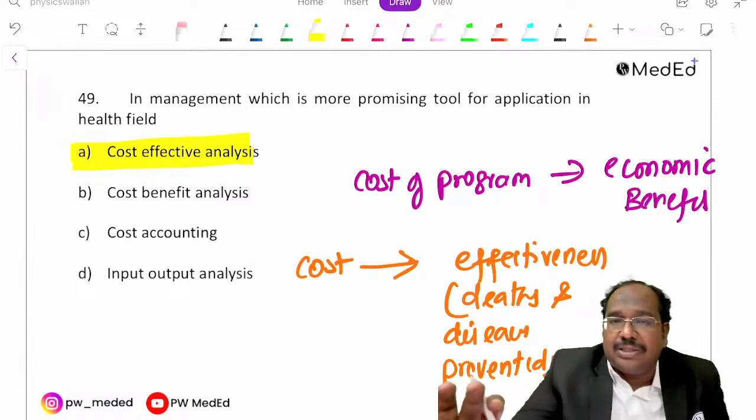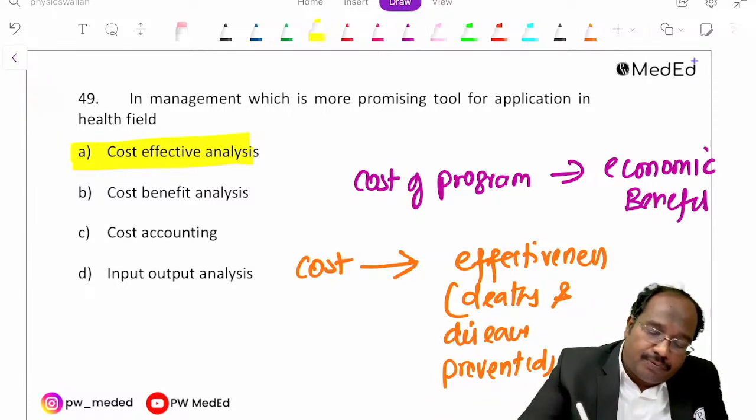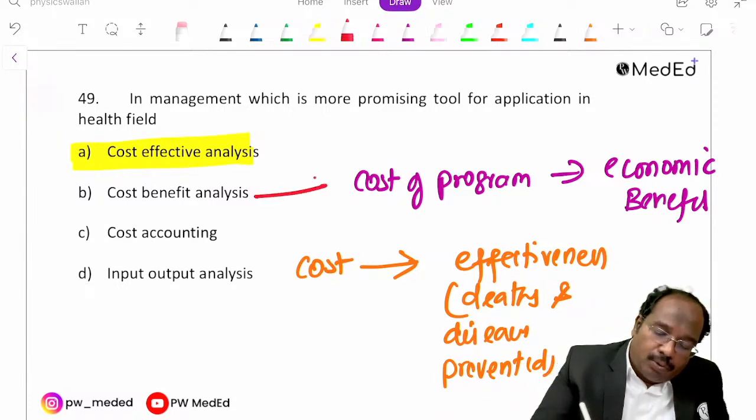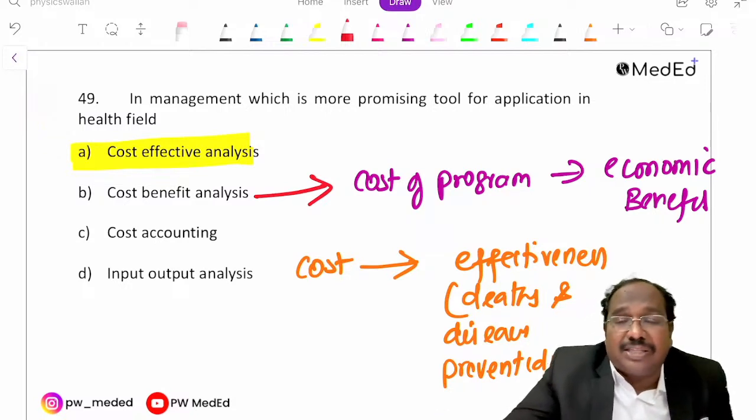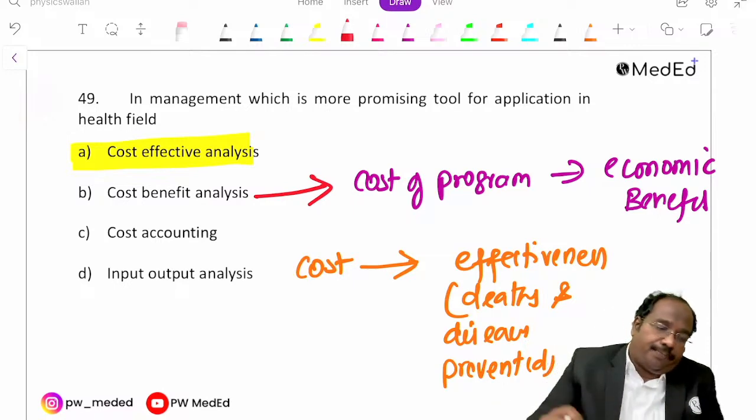Cost benefit analysis is not very useful for us. What is more useful is cost effective analysis. To prevent one disease, to prevent one death, how much is the cost? That is cost effective analysis.